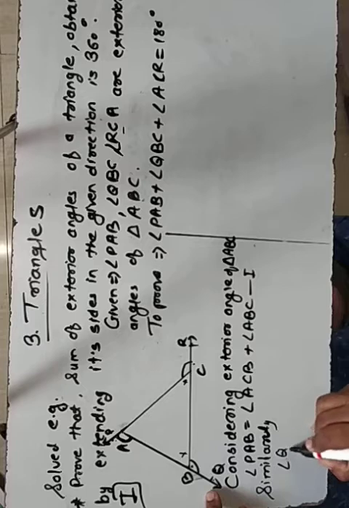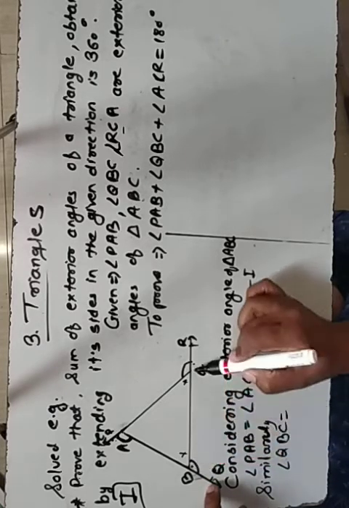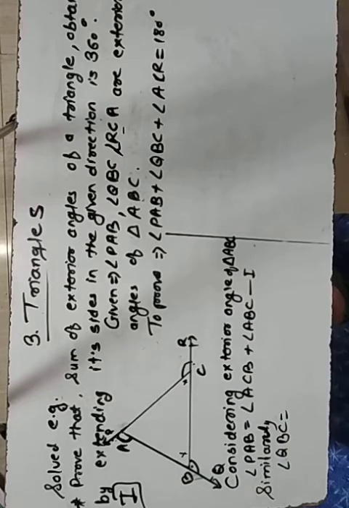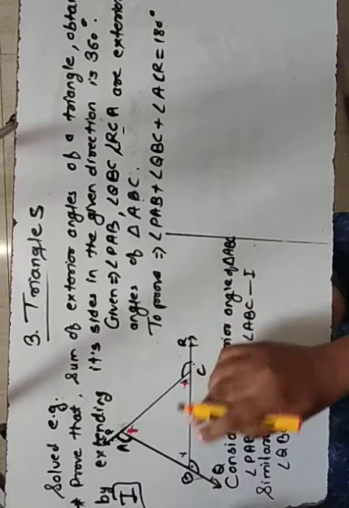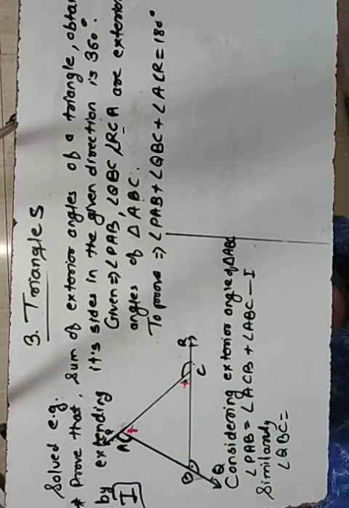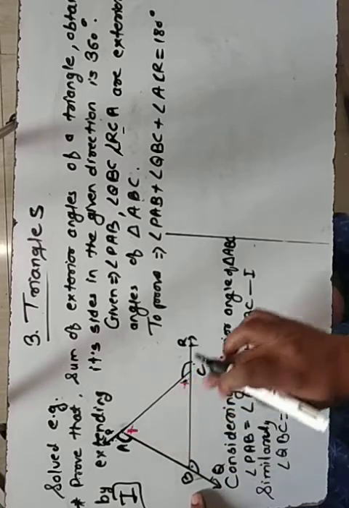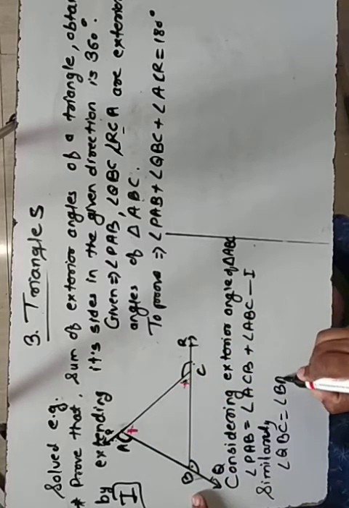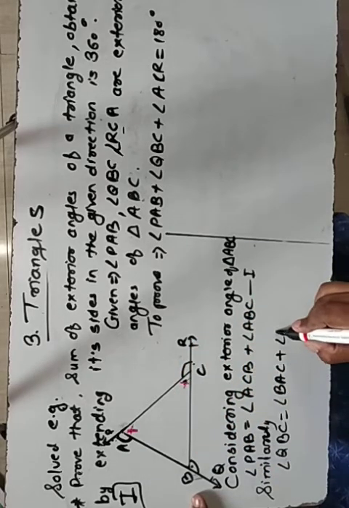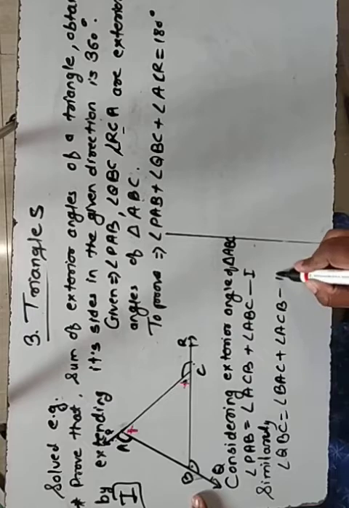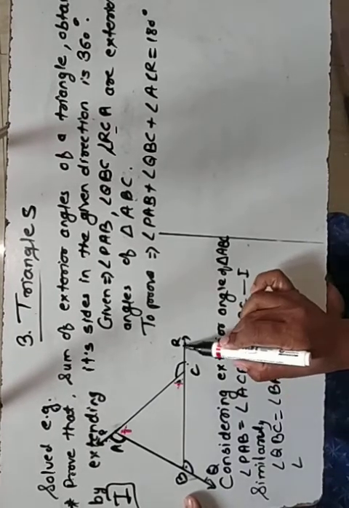The remote interior angles of QBC are these, this and this. So QBC is equal to angle BAC plus angle ACB. That is the second.